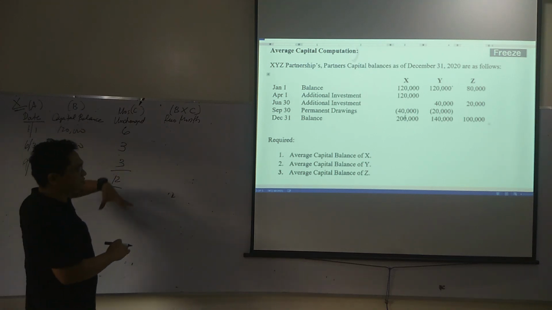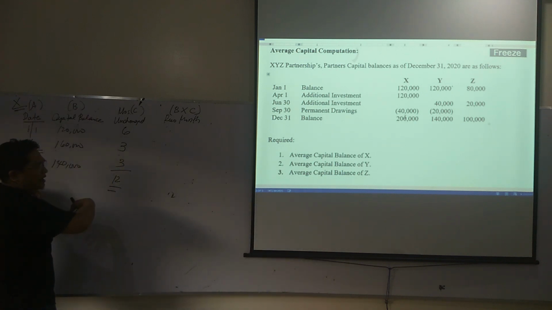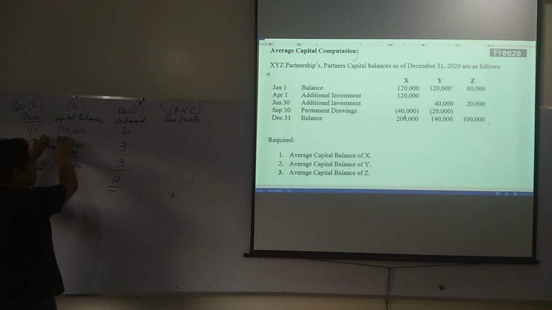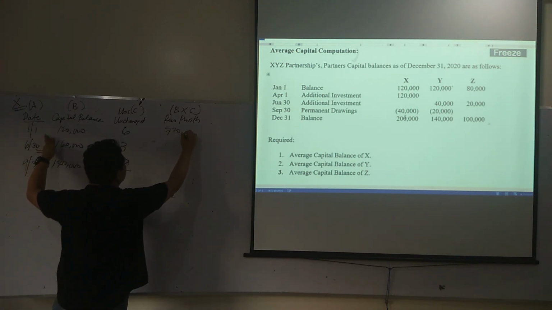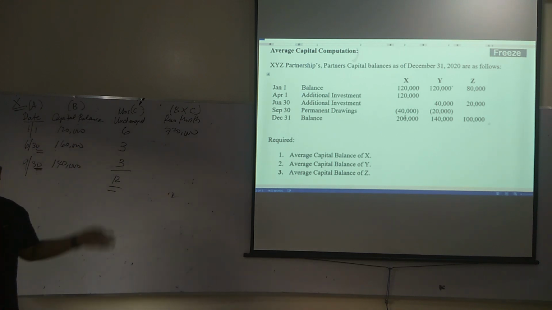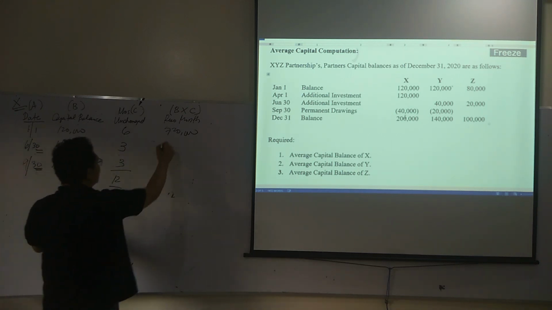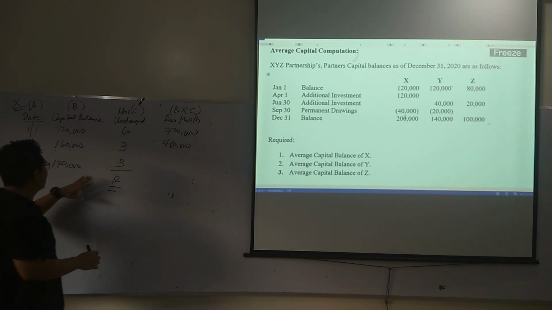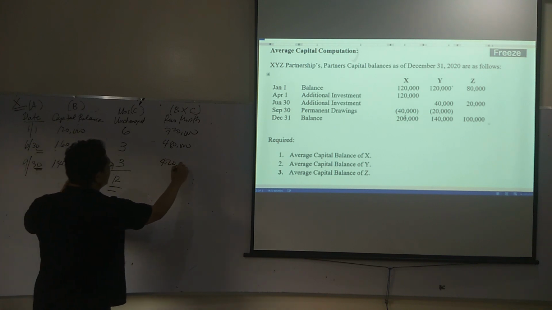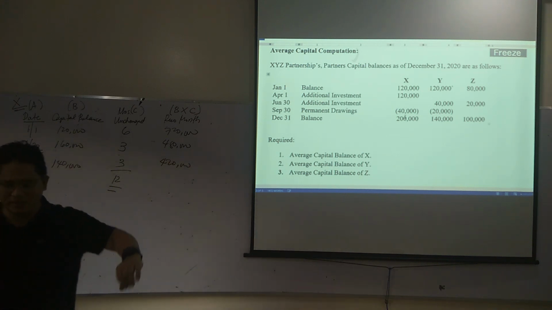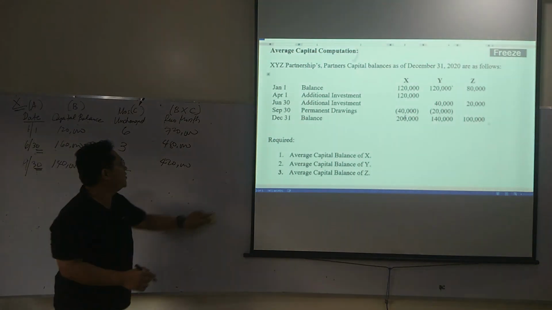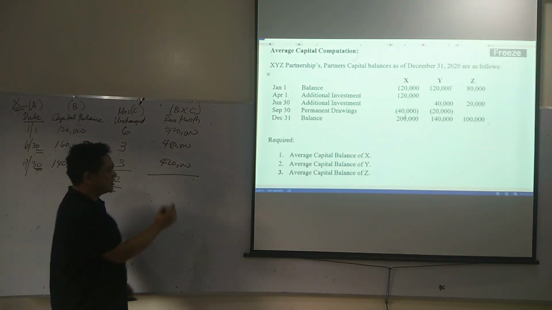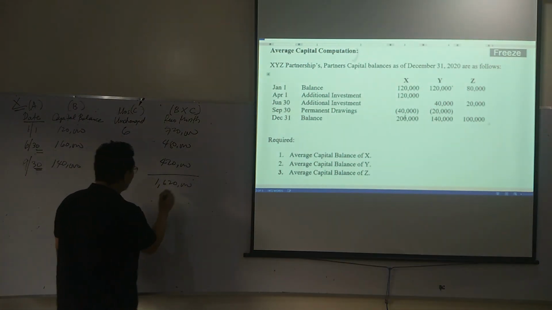Next, peso month. Peso month again is column B, capital balance, times column C, months unchanged. 120 times 6 is 720,000. 160,000 times 3, you have 480,000. 140 times 3 is 420,000. So all in all, the peso month total of Y for the year is 1,620,000.